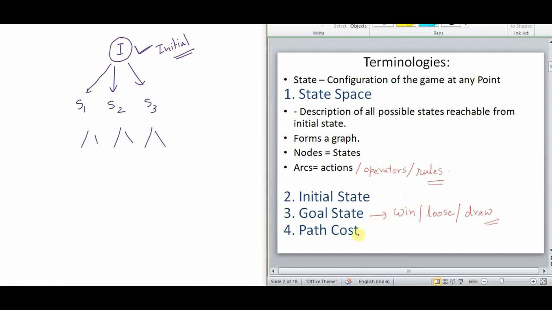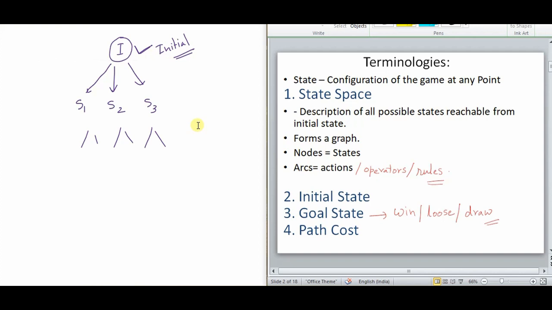And then path cost. Many a times it is also important in how many moves you finish the game. Tic-tac-toe is not an example, but let's say you are given some task and you are supposed to finish that task. In some games it is important not only to win but in how many steps.